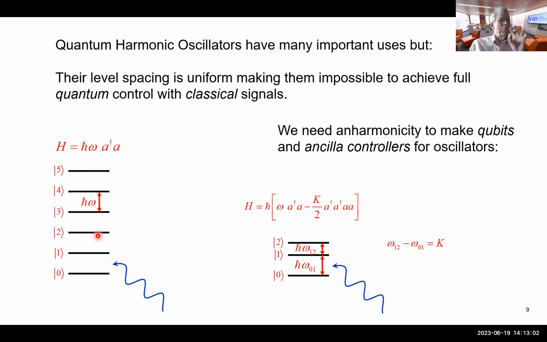In the second, there's more motion. It doesn't have a definite phase, of course, because this has definite energy, not definite phase. And then when you make it anharmonic with the Josephson junction, this is a state of just very small jiggling of the charges, and this is a state with more jiggling of the charges.